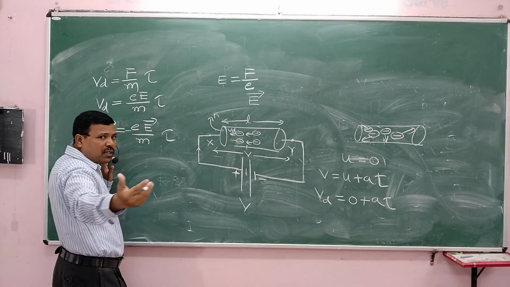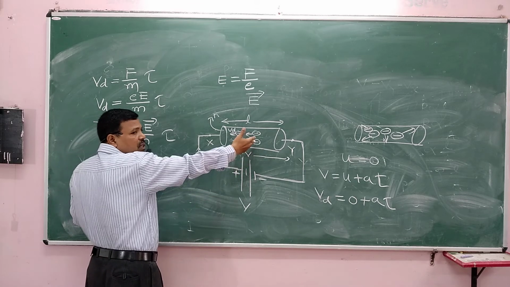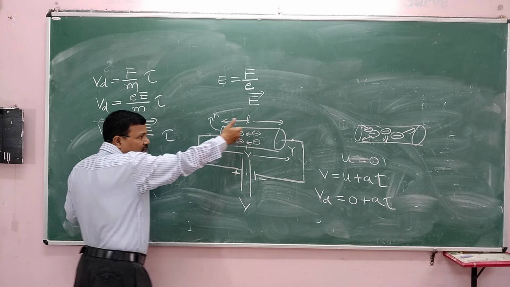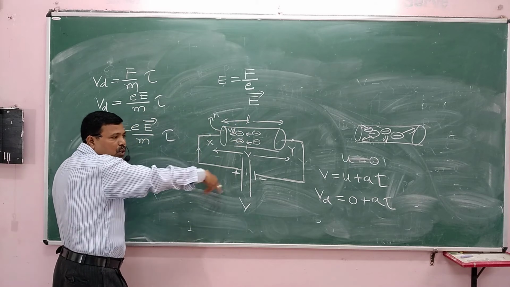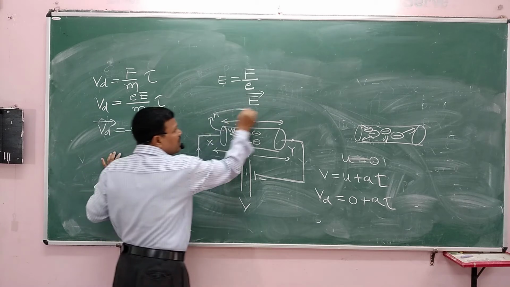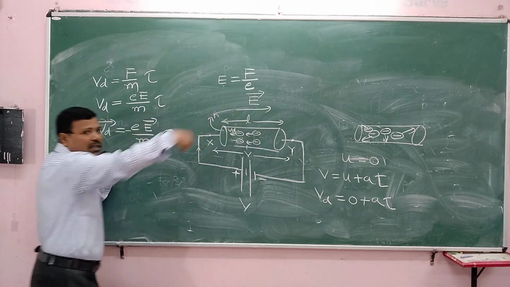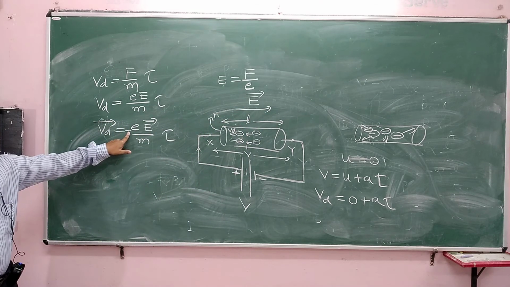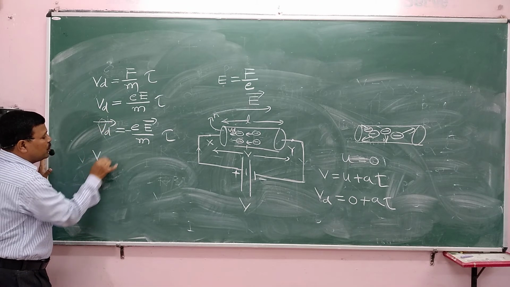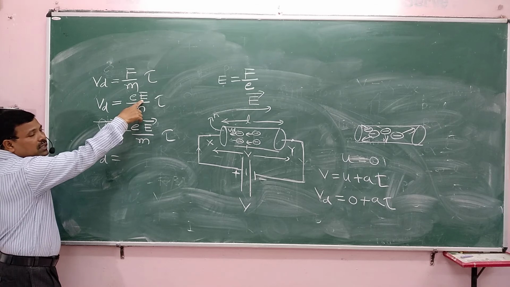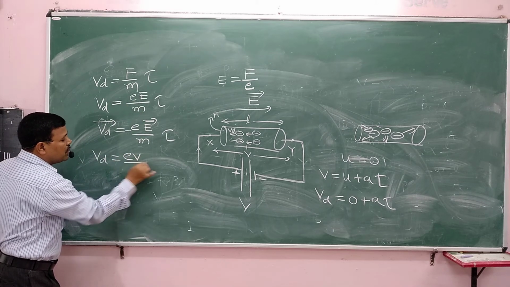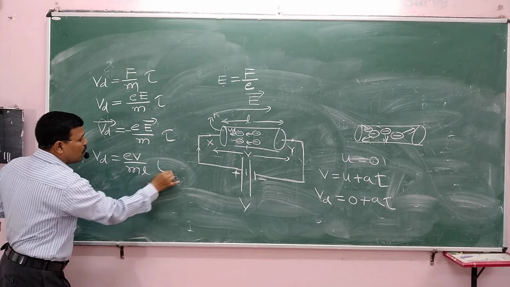What is drift velocity? It's the average velocity of the electrons when the electric field is applied. These electrons drift towards the positive terminal, so drift velocity and the electric field are just opposite. Therefore, this negative sign. Substituting E as V by L, we can write Vd is equal to eV by ml into tau.